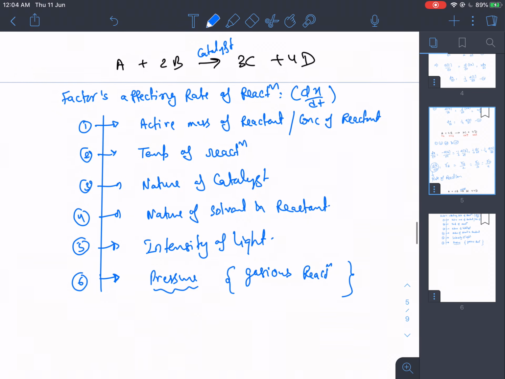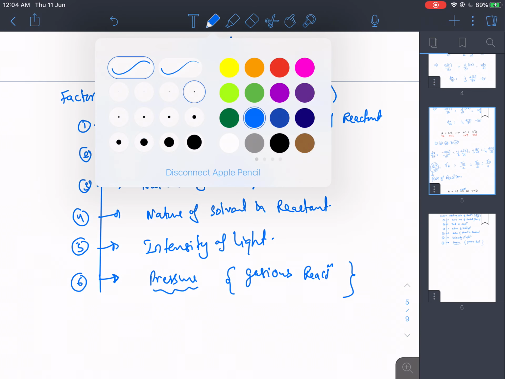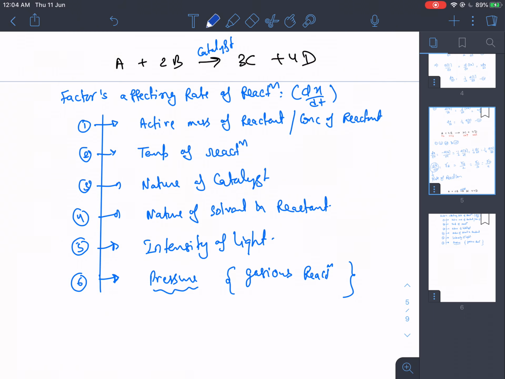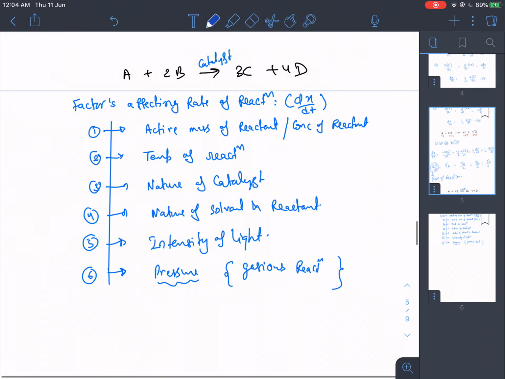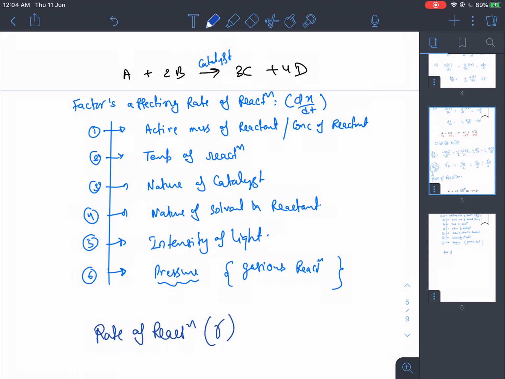Now if we want to formulate it, how will the rate depend? So the rate of a reaction R is proportional to the active mass of A to the power m and B to the power n.